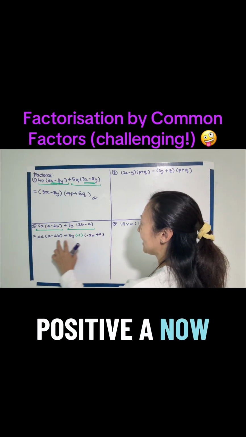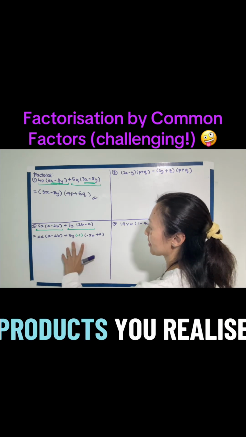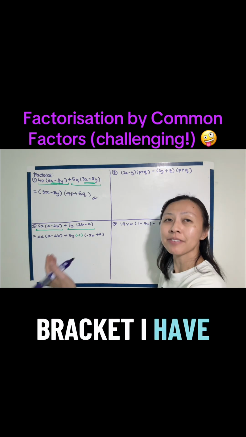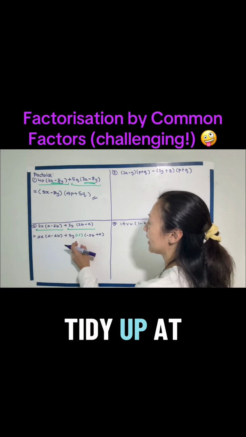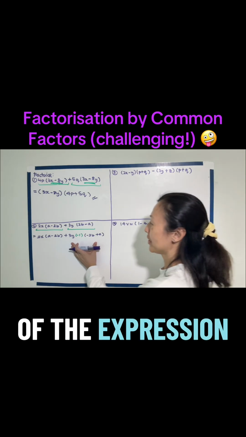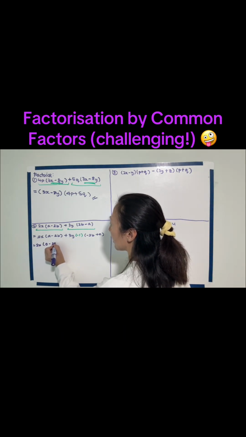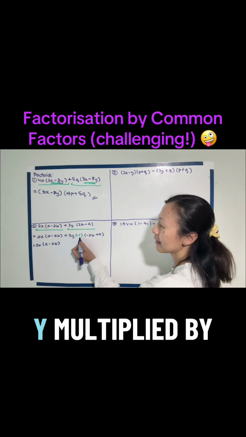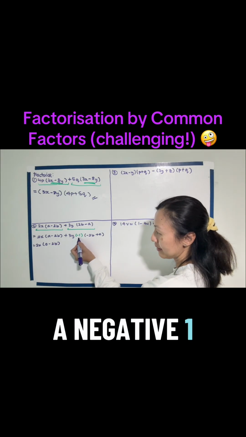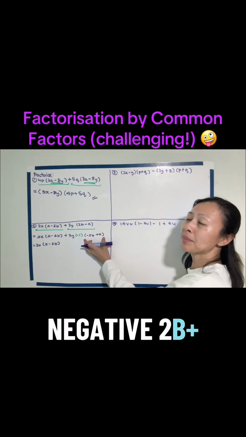Now, comparing both products, you realize that within the bracket, I have a minus 2b. Next step, let's tidy up at least this part of the expression. How do we tidy it up? Now, I have a positive 3y multiplied by a negative 1 multiplied by this entire expression here, negative 2b plus a.